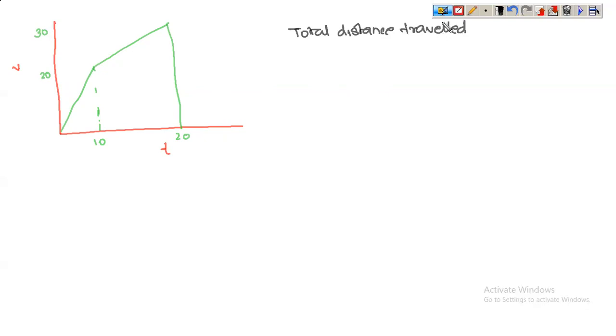Okay. So if you see, it is a velocity time graph. So distance traveled is the area under the curve. Area under the curve means this has to be found out by integration.